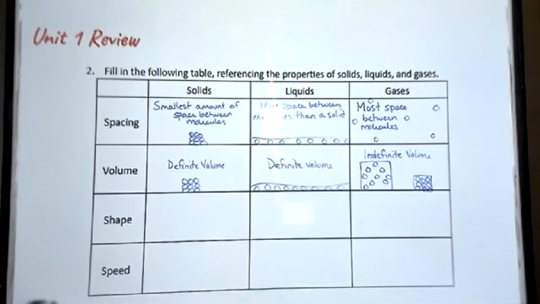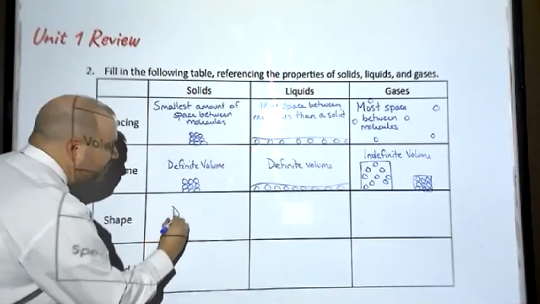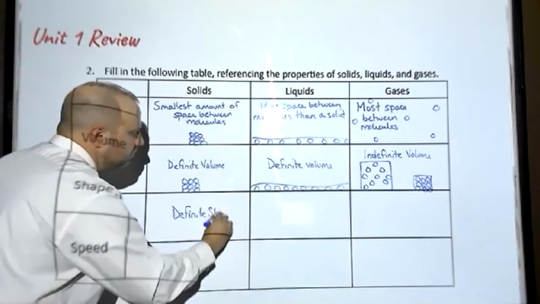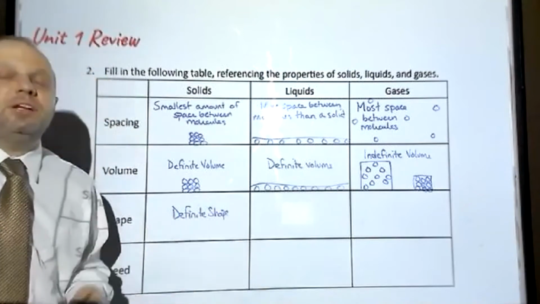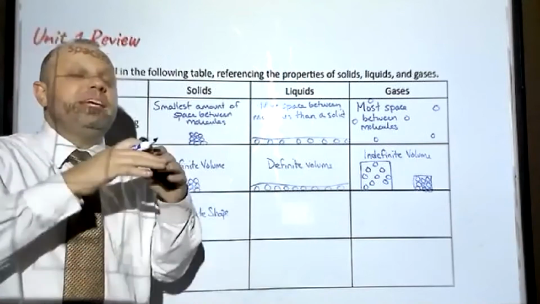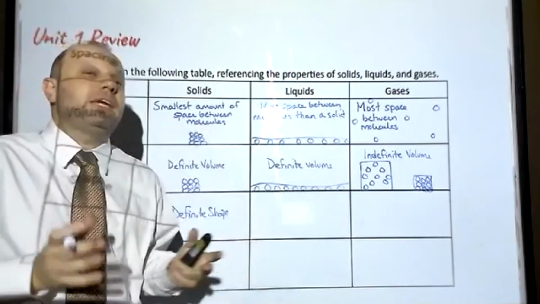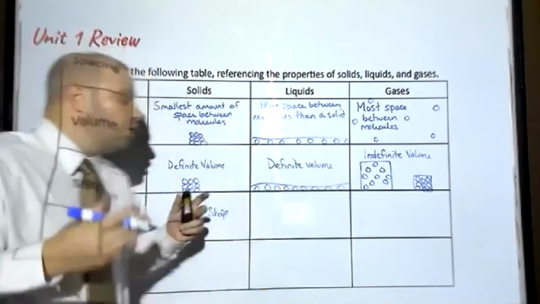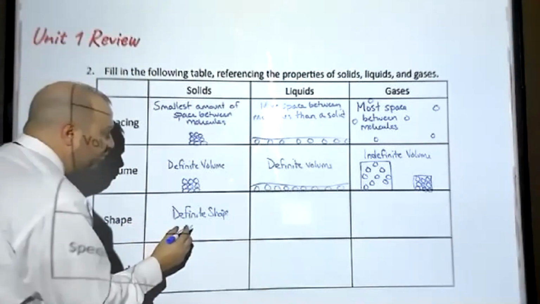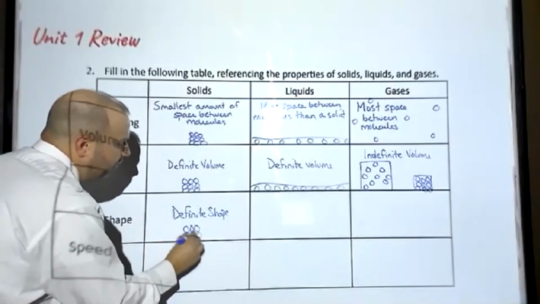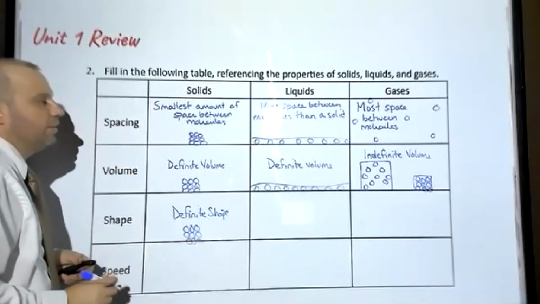Okay, the shape. A solid has a definite shape. When we did this in class, I joked that you could freeze something in whatever shape you want. You can make it look like Mickey Mouse, you can make it look like a triangle. It has a definite shape, so when you take it out of that container, it'll stay looking like that.